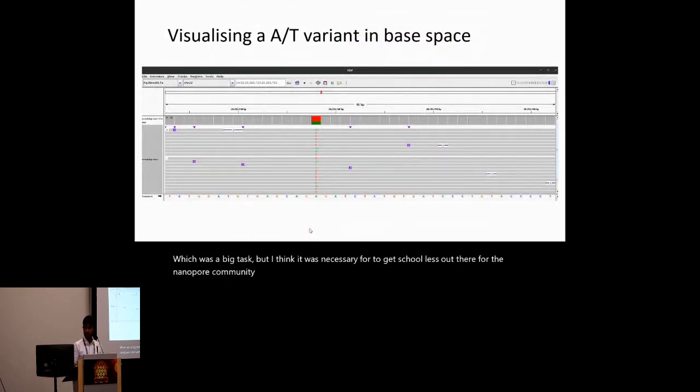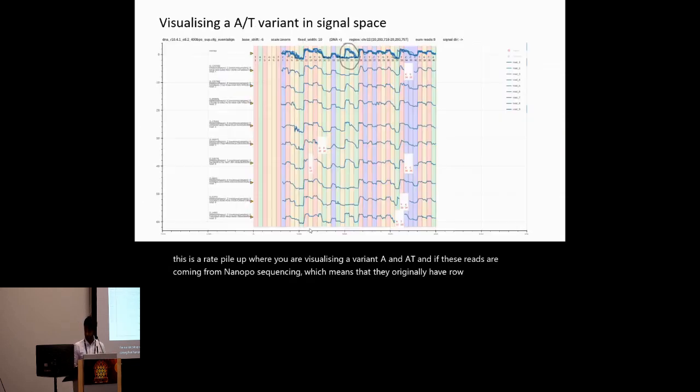Now going to the examples, I think everyone is familiar with IGV, and this is a read pileup where you are visualizing a variant, an A and a T. And if these reads are coming from nanopore sequencing, which means that they originally have raw signals, now using Squigualiser, you can visualize them as a signal pileup.